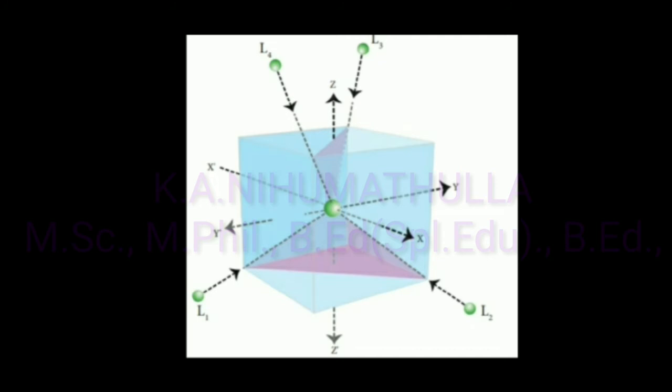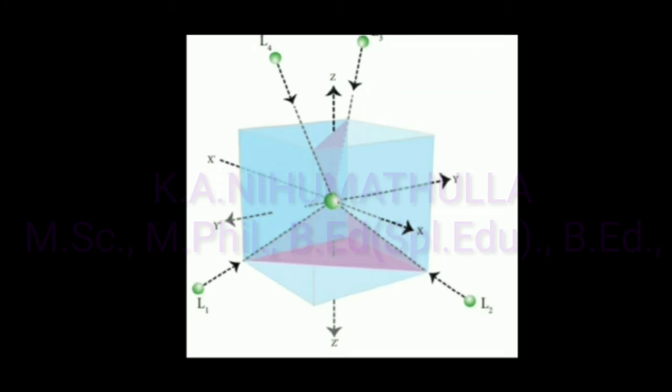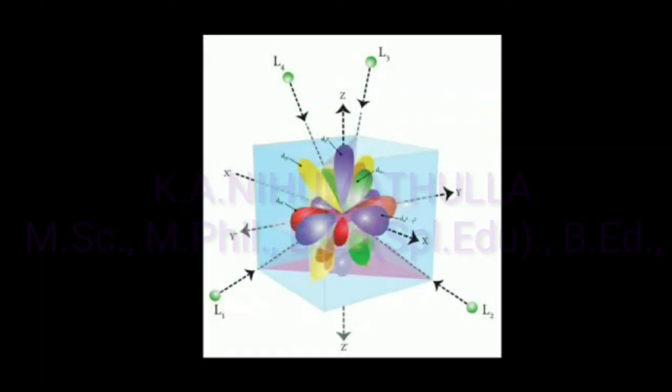Now we are going to see how the central metal ion's d orbitals undergo splitting, using one more image of the central metal ion and its orbitals. This structure indicates the presence of the 5 d orbitals in the central metal atom and also the approach of ligands from the diagonals of the tetrahedron.